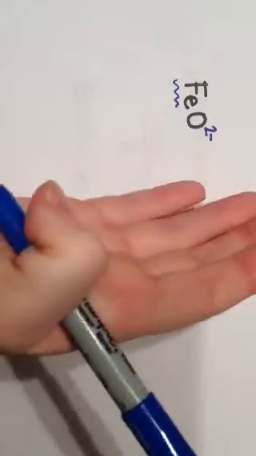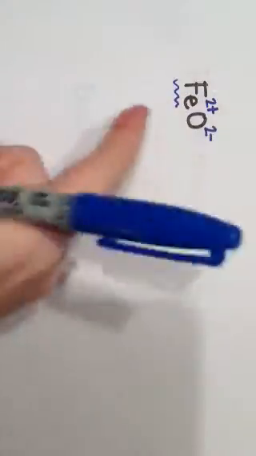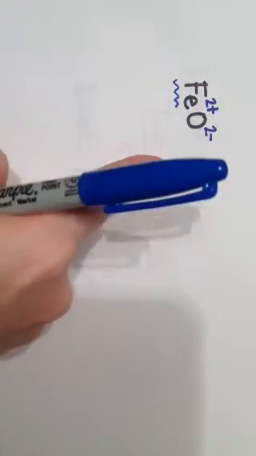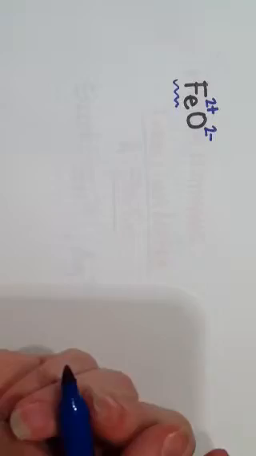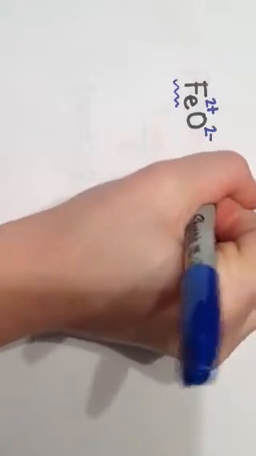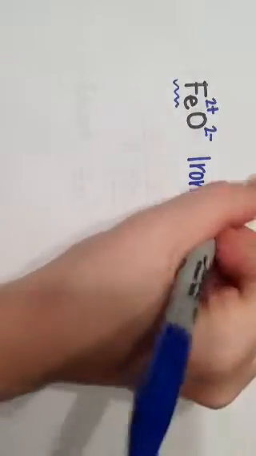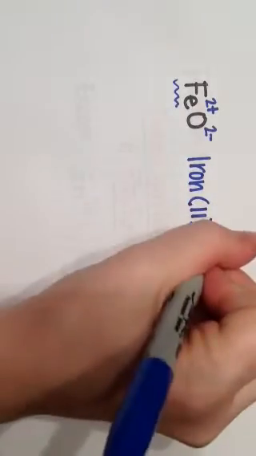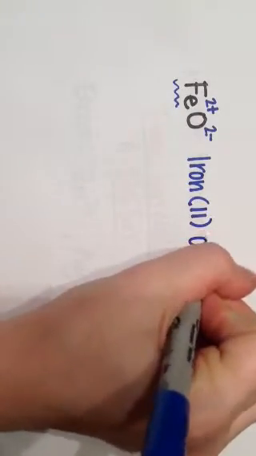So that means if oxygen is always -2, then iron must have been a +2 in order for there to be no subscripts present here. So when we name it then, that means that this becomes iron. The Roman numeral is our oxidation value. So this is iron(II). And oxygen becomes oxide.